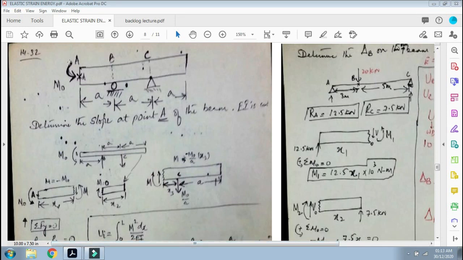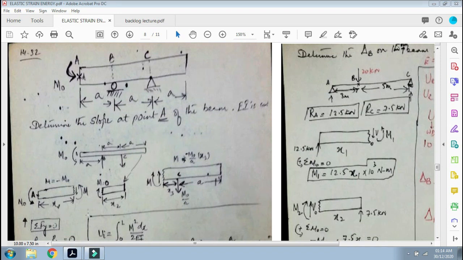We will say the distance from here to here is x1, and from B to C the distance is x2, and the other distance will be treated as x3. We cut from the first distance as x1, and from the other, this end point is x2, and if we cut it from here to this point, it will be x3.